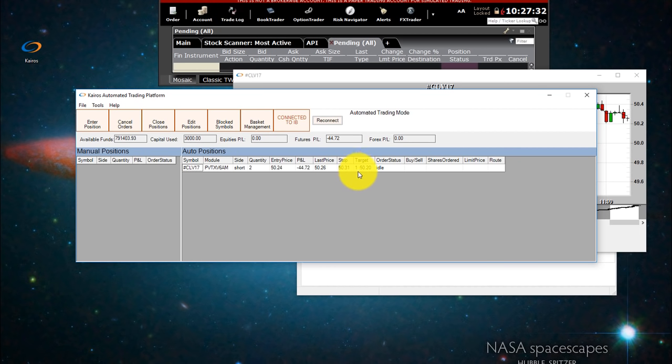Now the target here is saying that the first target is 50.20, so it's 4 ticks below the entry price, and once that first target is hit, then this will go to a 2, and then it'll put the second target in right here, and it will also tighten the stop from 8 ticks to 4 ticks. So I'm going to pause the video here, and we're going to watch what this position does.